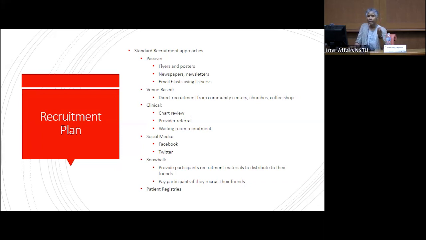And when you talk about your grant application, you can use your patient registry to show the feasibility of your ability to recruit the patient. So in your preliminary studies, you would say, we have a patient registry with 500 patients who all have diabetes, who have agreed to be contacted about research studies.